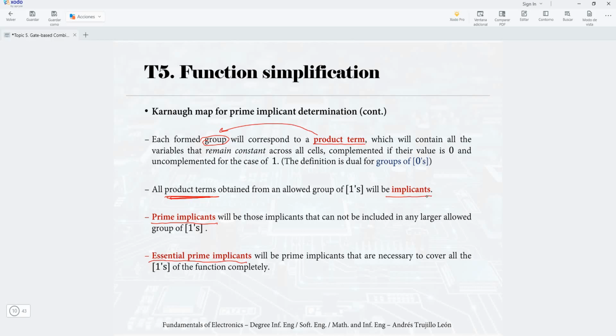If we leave one or several ones out, not included in any implicants, the function is not covered. So we have to cover all the ones of the Karnaugh map. The essential prime implicants are those that are compulsory to include in the function. Just let me think how to explain this. As the name says, these prime implicants are essential to cover all the function. If we don't use these prime implicants, we are going to leave ones out, ones not covered, and we are going to see an example of this.